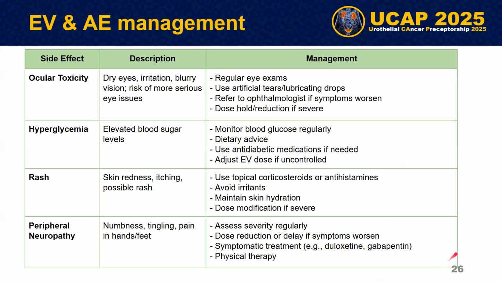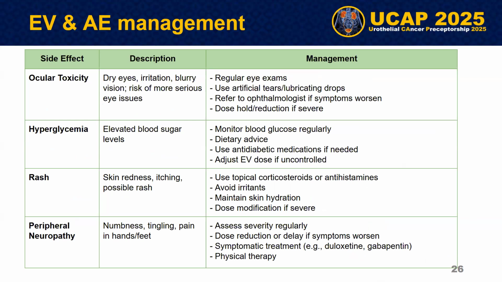So the adverse events, I think we previously have covered briefly in the EV-301 trial, but mainly the topmost three important ones are ocular toxicity, hyperglycemia, and peripheral neuropathy, which is the important criteria that I discussed. So I suggest that you can pause this slide and read this closely. I will not go into it in detail.